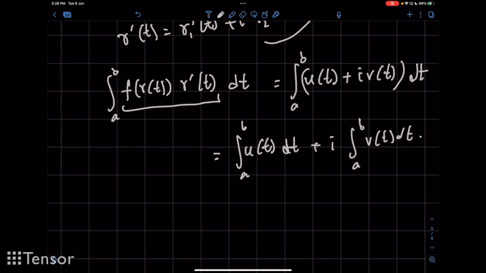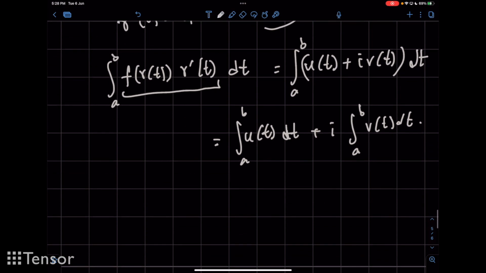All right, so now we shall do an example. Let's say I want to do the integration of 1 over z over the unit circle.